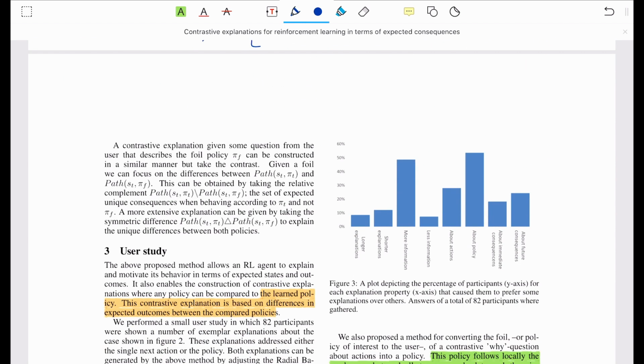This is what they state here, where you can use a symmetric difference between the two things to explain the unique differences between both the policies.